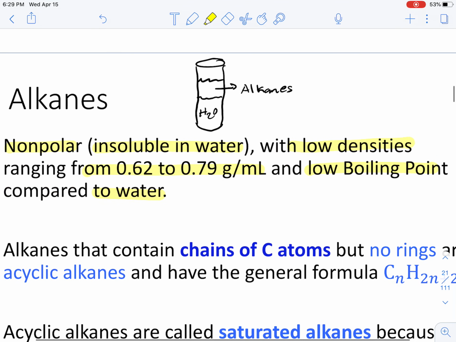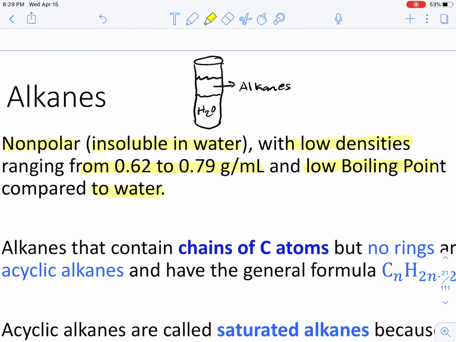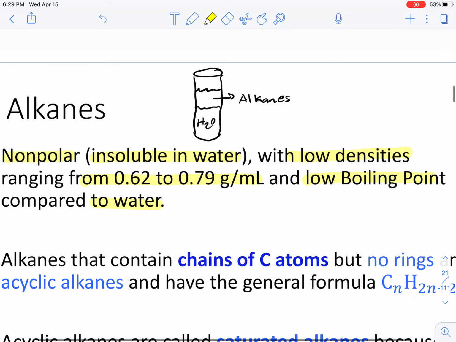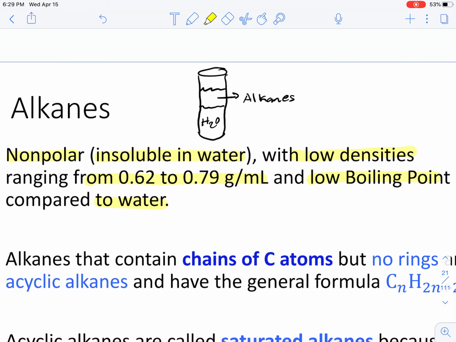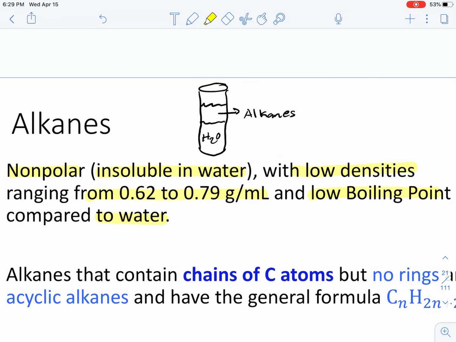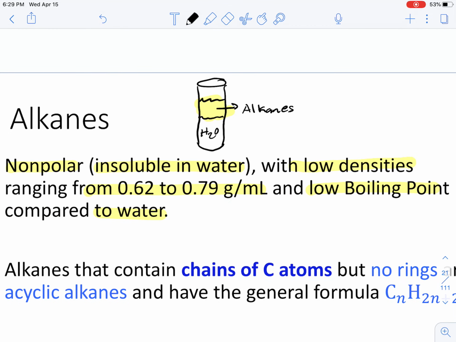Since water boils at 100 degrees Celsius at 1 atmospheric pressure, if you have a mixture of an alkane and water, you can boil it, and the item that evaporates first will be the alkane if it's less than 100 degrees Celsius at 1 atmospheric pressure. So you can perform a separation between the two substances based on their boiling points.